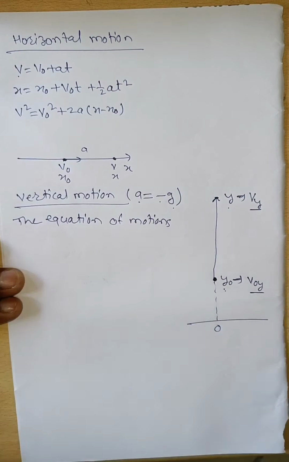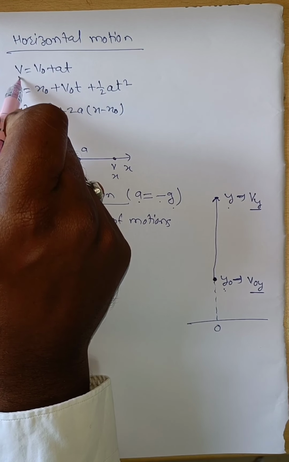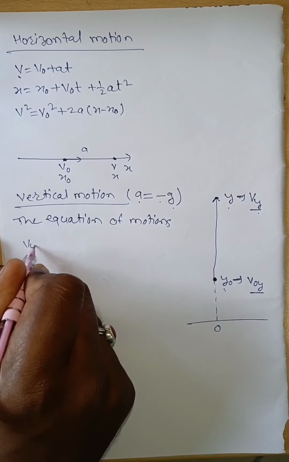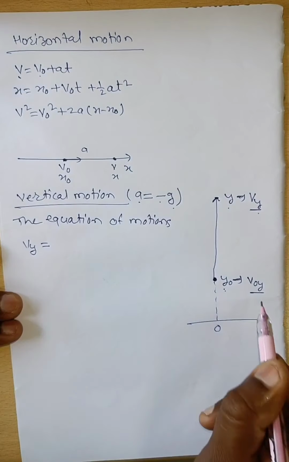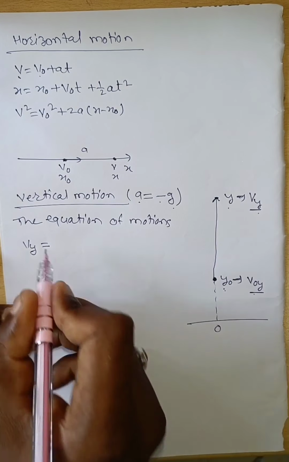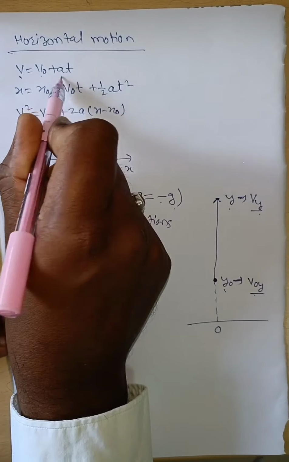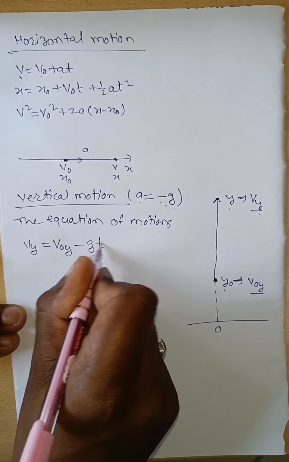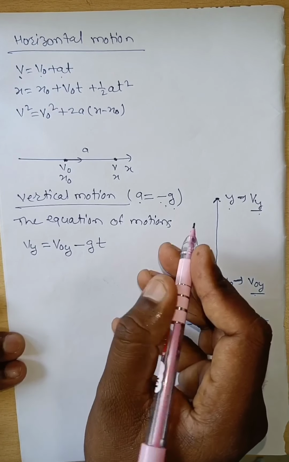Then we replace the final velocity v with vy, and the initial velocity v naught with v naught y. So vy = v naught y, and we replace a with minus g, so minus g t. This is the first equation of motion in the vertical direction.